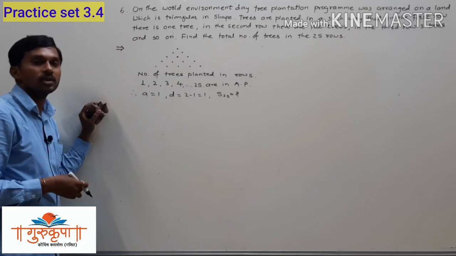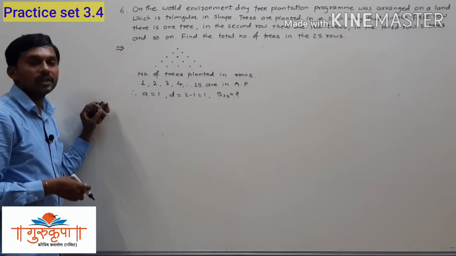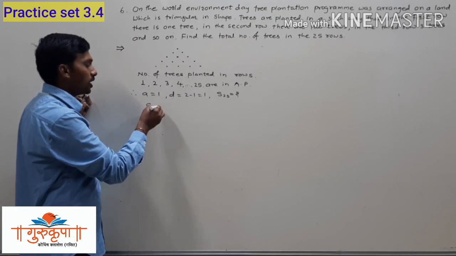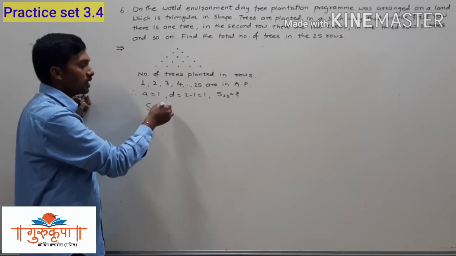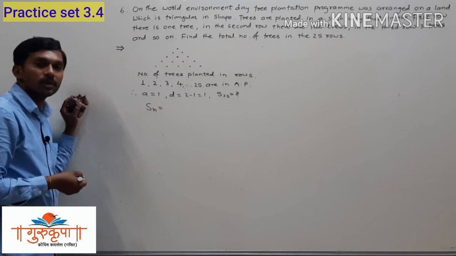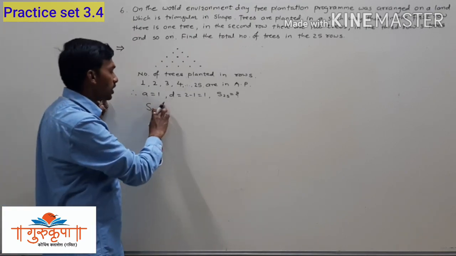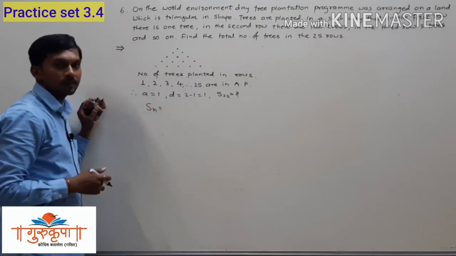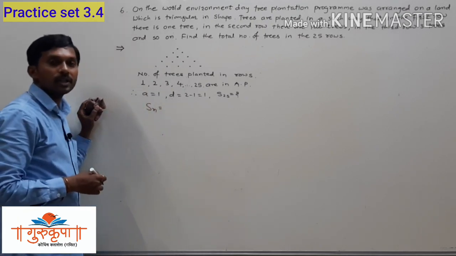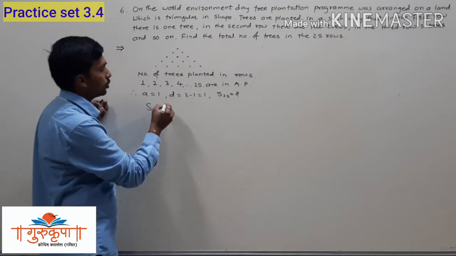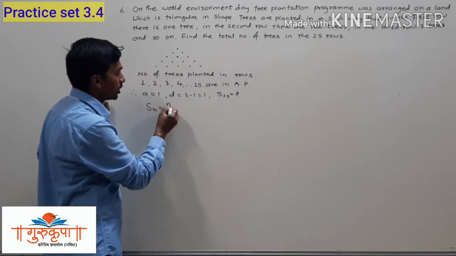So you can use another formula for finding the sum of n terms. You can use any formula. You can use Sn is equal to n by 2 into the bracket 2a plus n minus 1 into d, or we have one more formula, that is Sn is equal to n by 2 into the bracket a plus l, or you can write it as T1 plus Tn. That is one more formula. We will use that formula here.